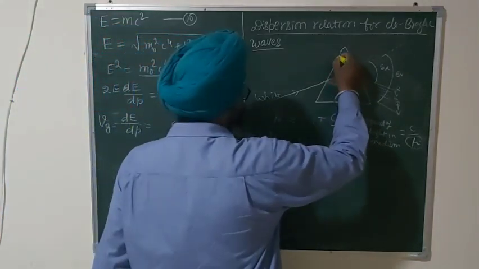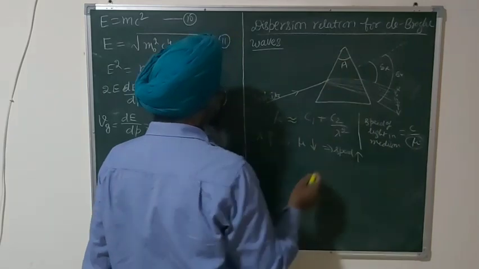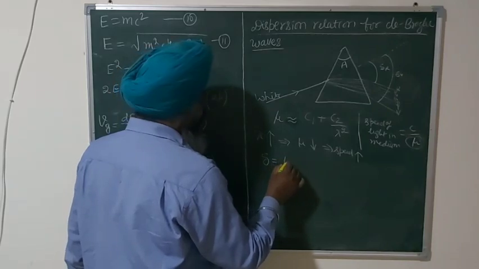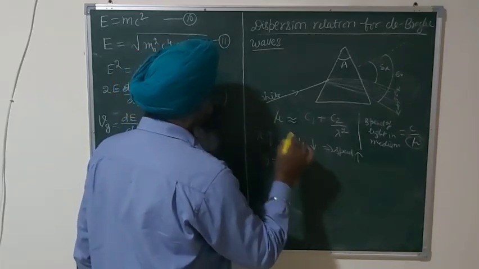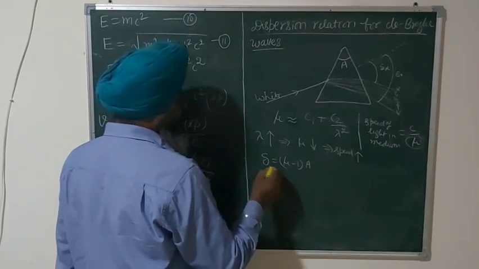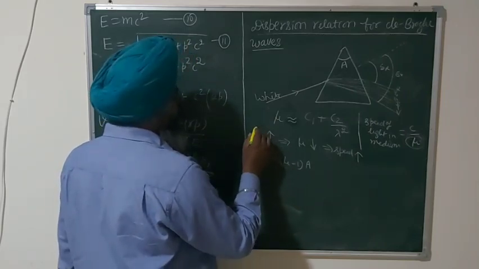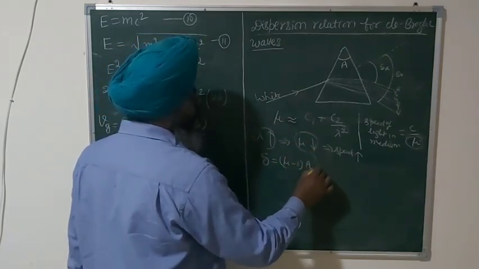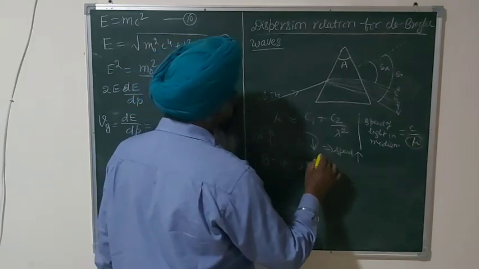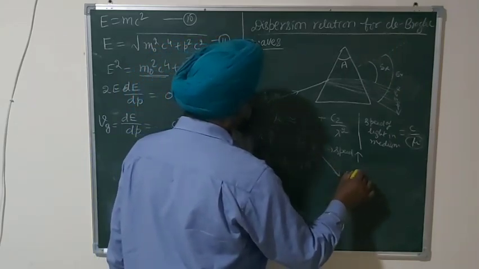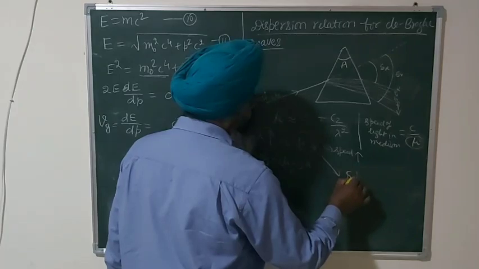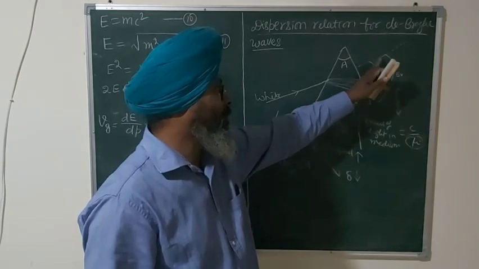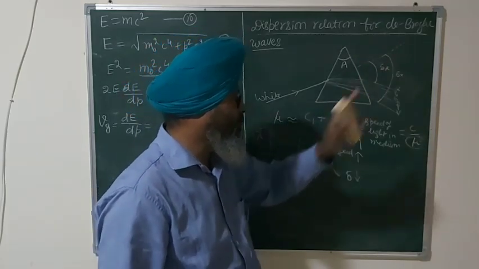Also, if this is the angle of prism, it is also called the refracting angle, then the angle of deviation delta is given by mu minus 1 into A. If again I use the expression that high lambda means low mu, and low mu according to this expression will give me low delta, and this will very easily explain why red color has bent less and why violet color has bent more.